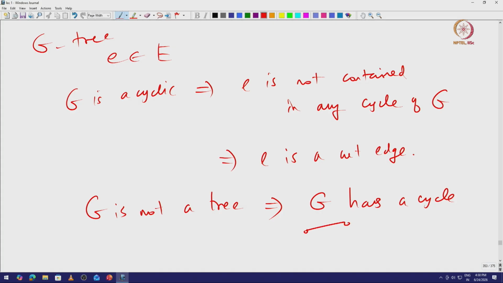So, if you take any edge inside the cycle, that cannot be a cut edge by the observation about cut edges. So, that tells you that G must be a tree. Okay, it is an easy characterization that tells you when a connected graph can be a tree.